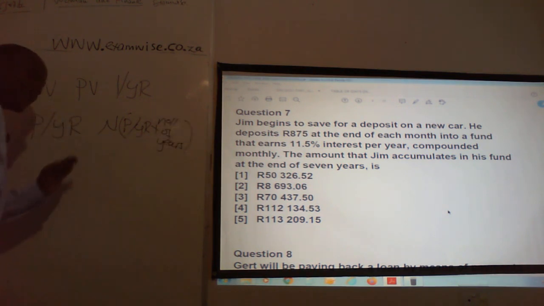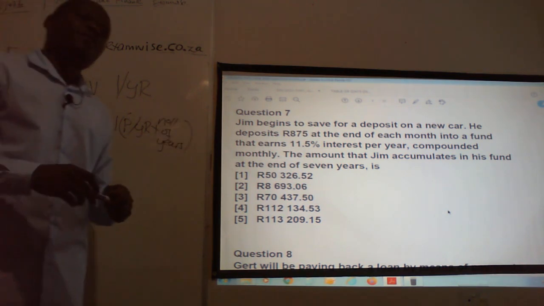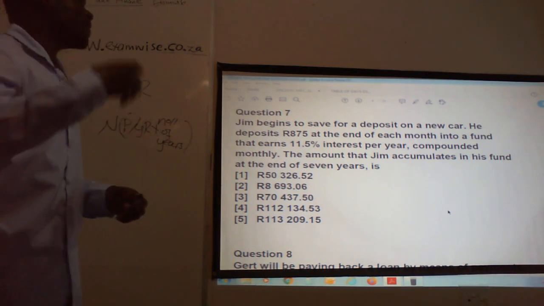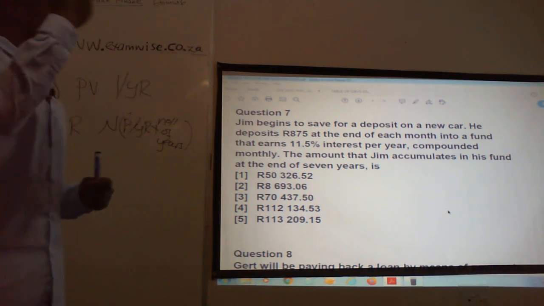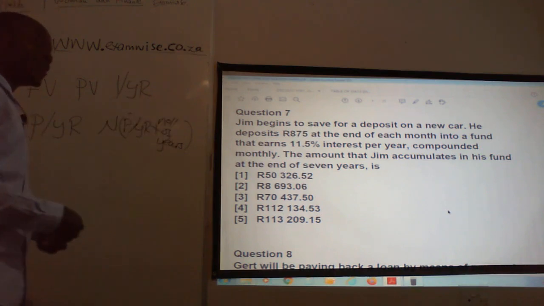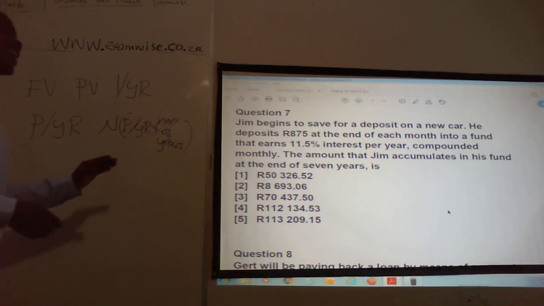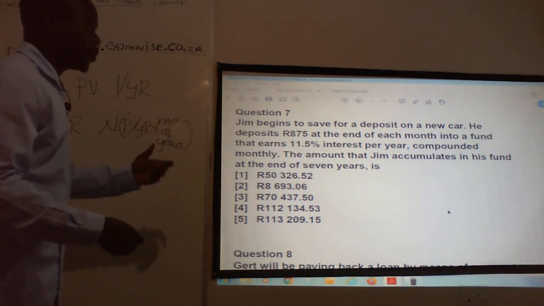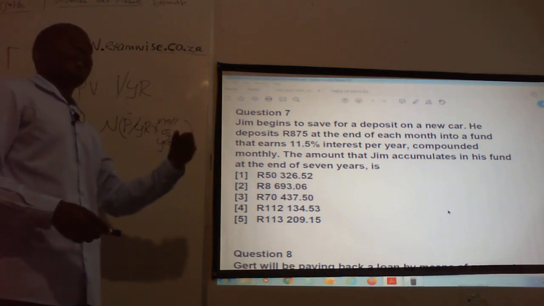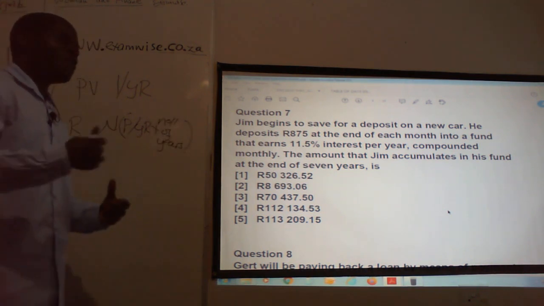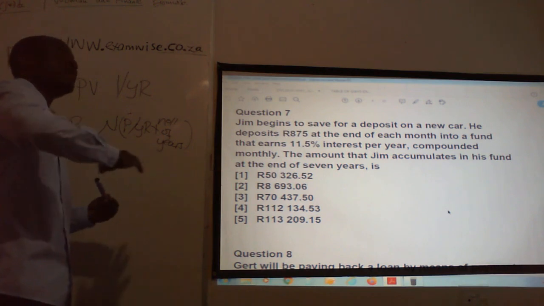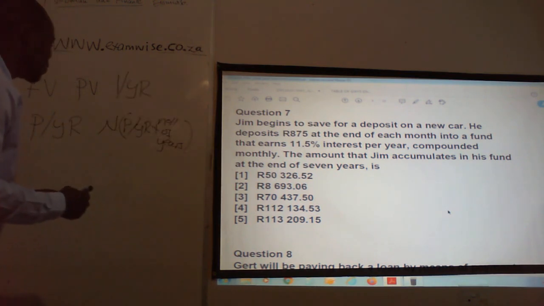If you still remember, I listed these variables. But since we are dealing with a new concept of an annuity, we have to add another variable, because we defined an annuity as a series of equal payments. So as long as we have a payment, we are having an annuity.